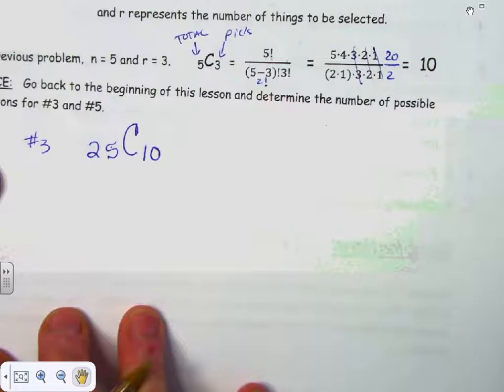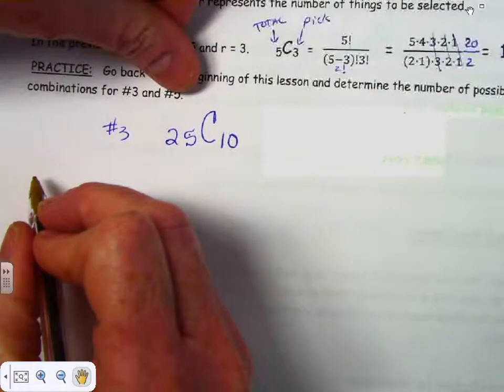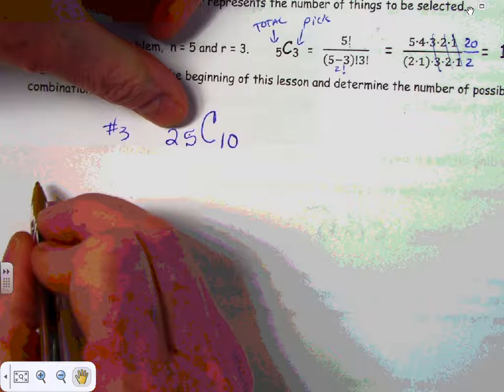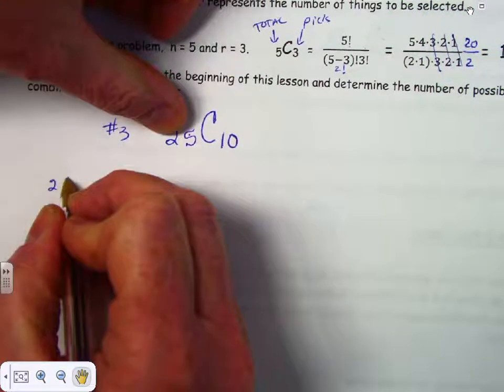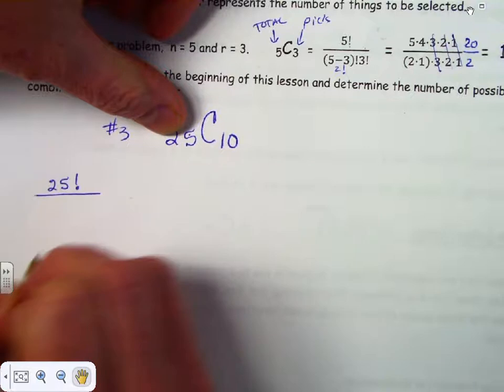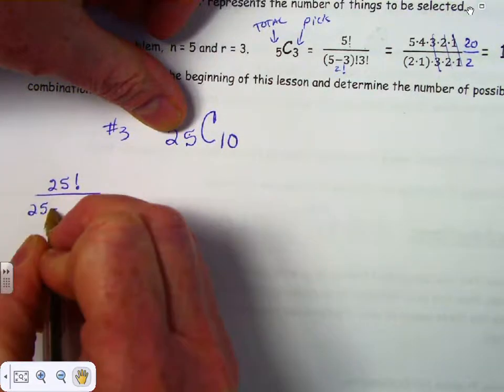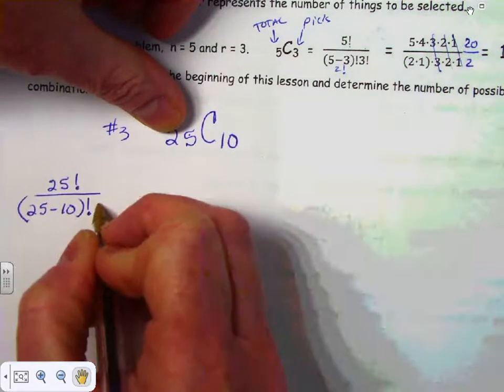And so remember the formula. I'm going to start right here, and you're going to see why. If there's 25 to choose from total, that goes on the top, so I have 25 with a factorial. And then what's going to go on the bottom? A 25 minus 10 with a factorial times 10.